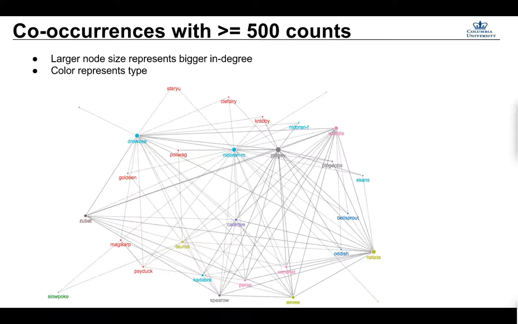Roughly, some of the same type have co-occurrences, but it's not very clear what the network structure is. That kind of makes sense because in the real world, different types of Pokemon can also occur close to each other in the same location at around the same time.